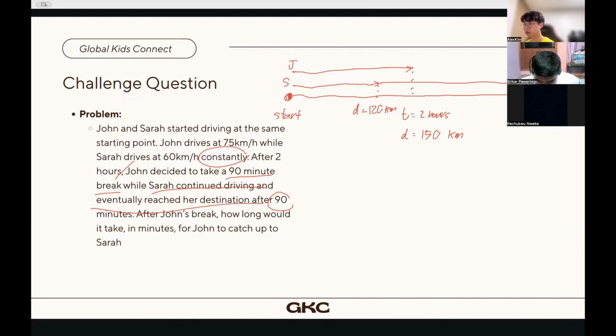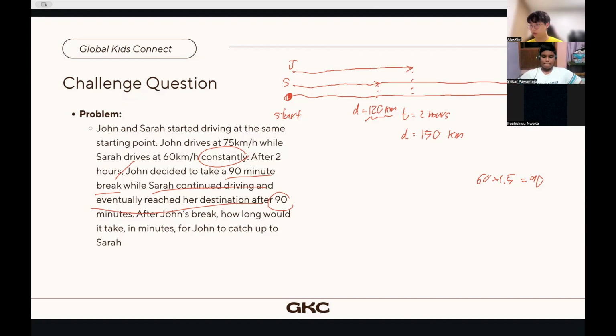If we multiply 60 by 1.5, we get 90, so Sarah traveled an extra 90 kilometers. She was already at 120, so if she traveled 90 kilometers more, she would be at 210 kilometers. So the total length from start to finish is 210 kilometers.